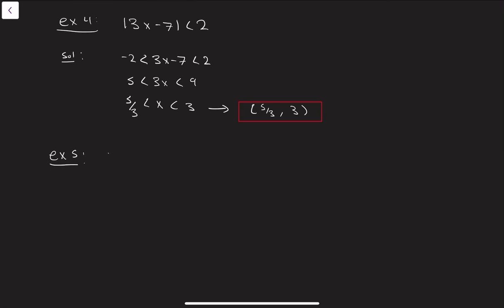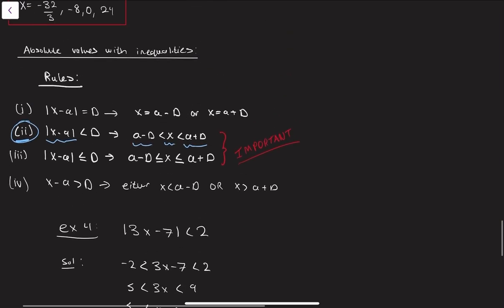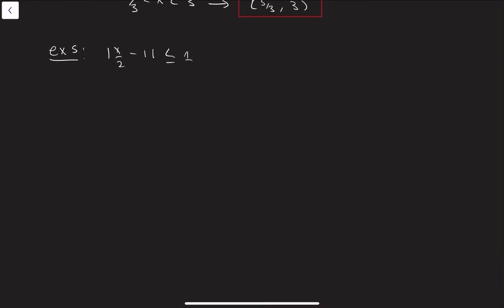In this case, the absolute value of x over 2 minus 1, and that's going to be less than or equal to 1. So now, following rule 3, which is very similar to rule 2, it's just got the less than or equal to sign, we would have x over 2 minus 1 being less than or equal to 1 here, and greater than or equal to negative 1.